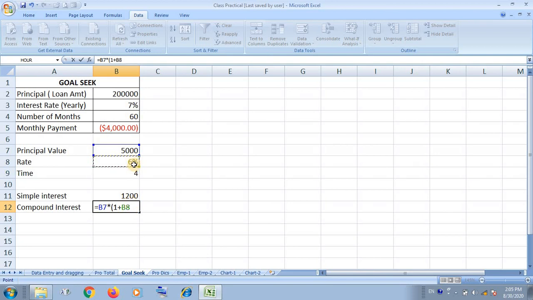I have just given the cell address of this, and after this we have to close the bracket, and again we have to apply the power sign, that is the exponential sign. It has been given on the top of the 6 number, on the top row, the numeric pad you have on your desk keypad, on the 6 it is given at the top.